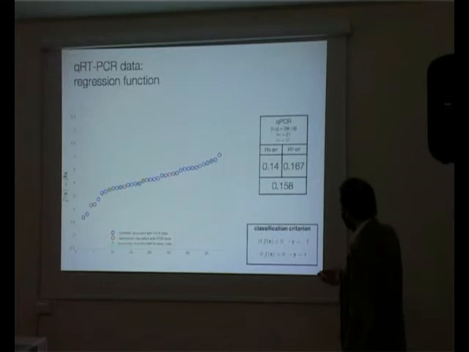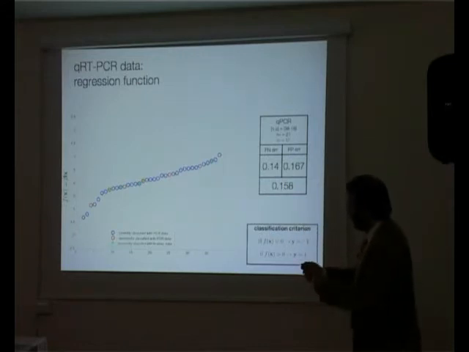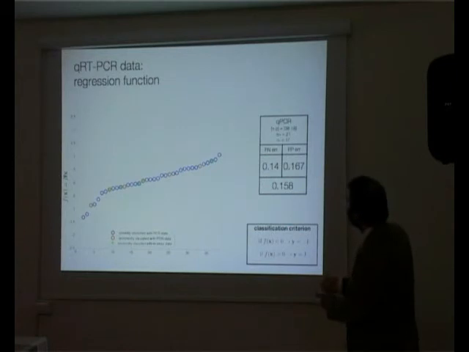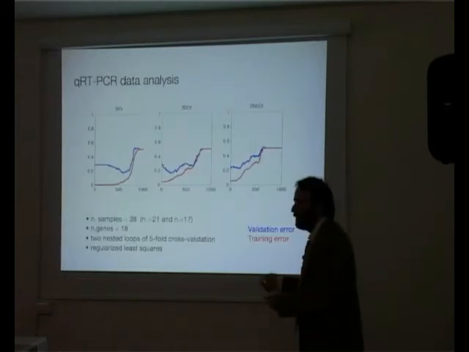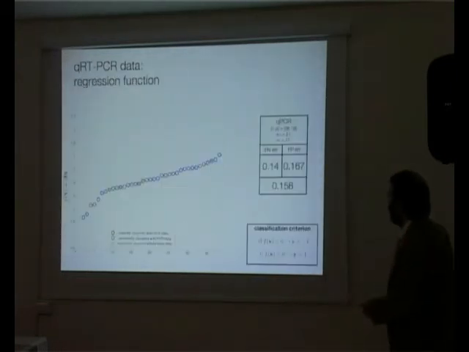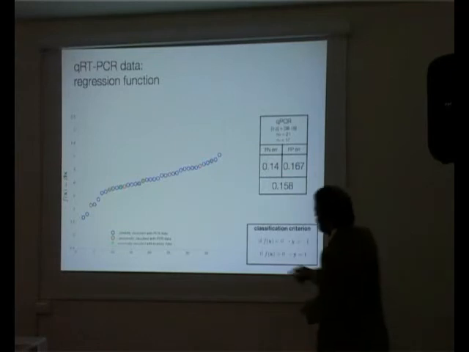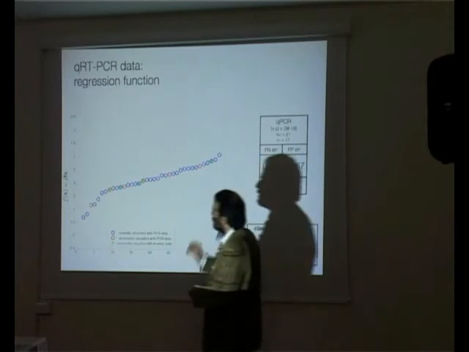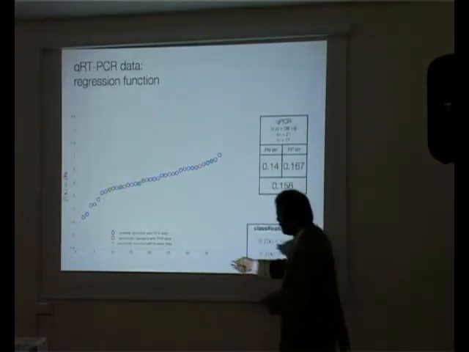And so the way it goes is that now we decided to use that particular normalization, which is the delta CT normalization, the first one. Using that normalization, each of these circles is the value of a function f of x.